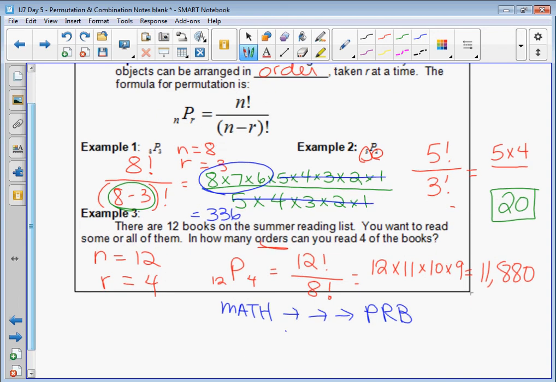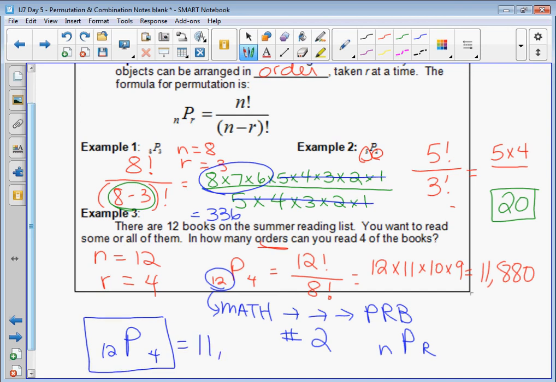And then we want to look, in this case it's option 2, it tells us nPr. So in your calculator, you would want to go to the home screen and put in the 12 first, then go through this process in the calculator, and have the 4 at the end. So this 12 P 4 will be what your screen shows, and if you just hit enter, it'll tell you right away your answer is 11,880.